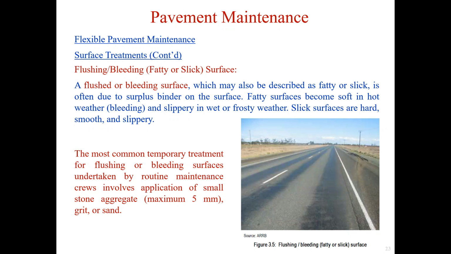The successful treatment of this condition is difficult and requires careful consideration and field trials before any extensive work is carried out. The most common temporary treatment for flushing or bleeding surfaces is the application of small stone aggregate. Normally, the maximum size is 5 mm, or grit or sand.